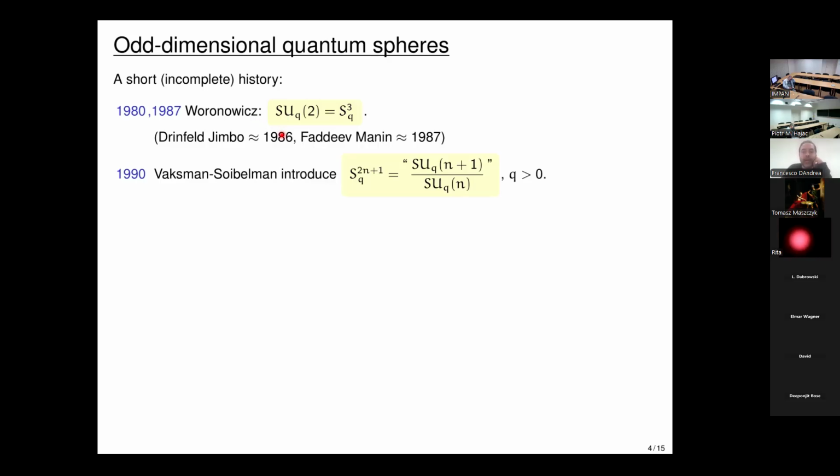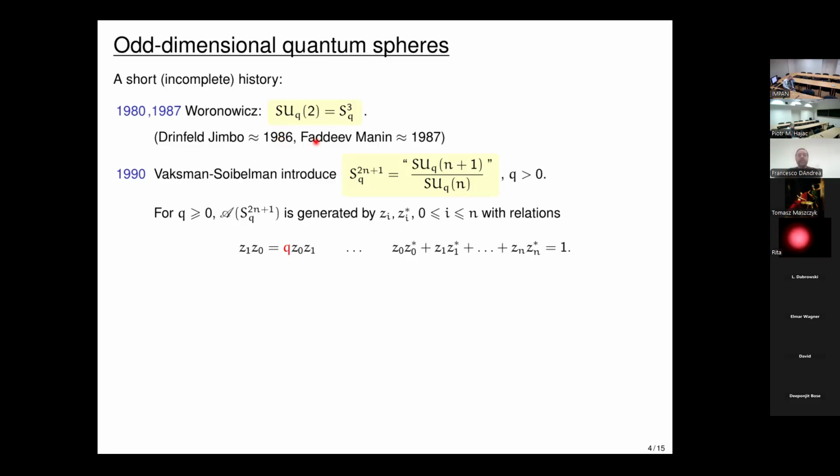In the original paper, these things are defined as quantum homogeneous spaces for quantum unitary groups, but there is an explicit description in terms of generators and relations. These generators are similar to a kind of complex coordinates.